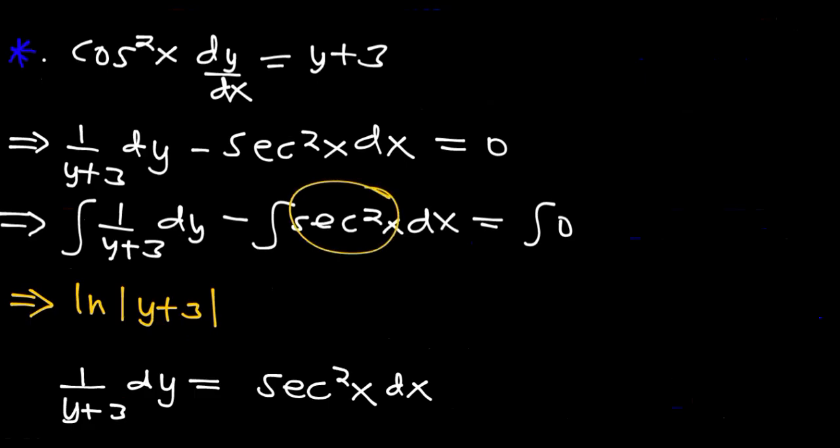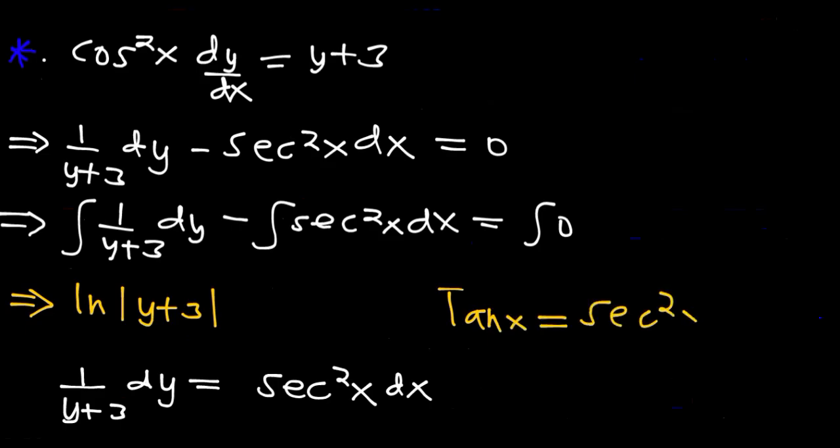Now here we have the integral of secant squared. Because we know that the integral is the antiderivative, we could actually go backwards. Which trigonometric ratio will give you secant squared x if you differentiated it? Now, we know that if you differentiated tan x, that should give you secant squared x.